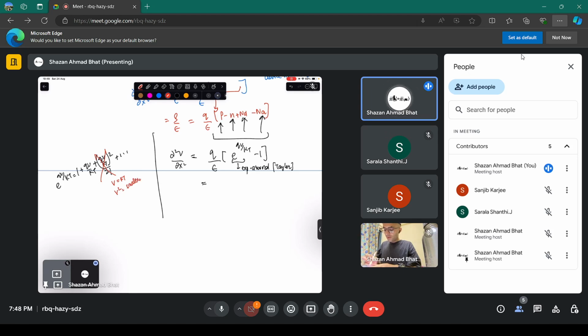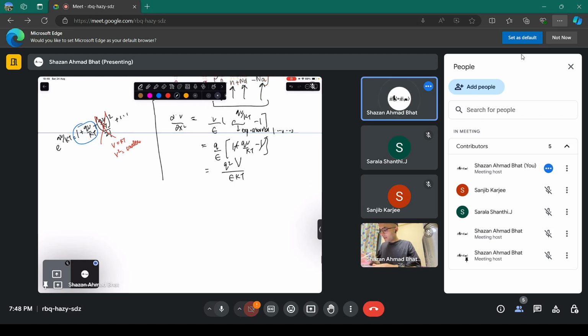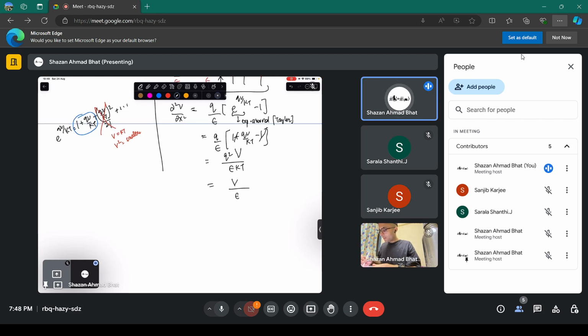So you neglect higher order terms, you consider these terms, and you get q by epsilon times 1 plus qv by kt minus 1. This goes. You get q square voltage divided by epsilon kt. You can write it as d square v by dx square equals q square over epsilon kt times voltage.